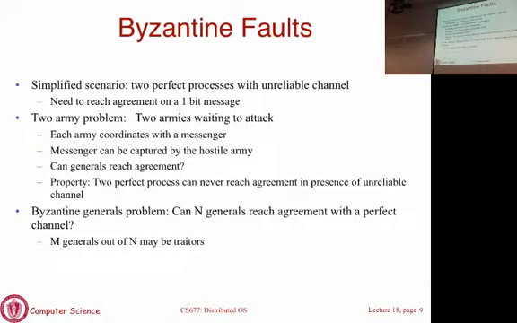And if you keep sending acknowledgements, you know that they know, but they don't know the reverse. So this is going to continue till infinity, and you will never reach agreement. In fact, two perfect processes can never reach agreement in the presence of an unreliable channel, because the channel can throw away the message or flip it, so I never know what has actually been received. So this problem you cannot solve.